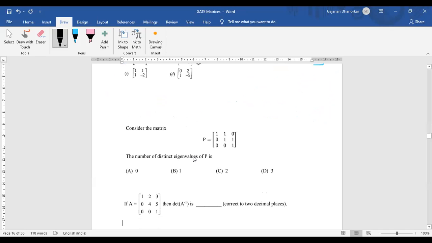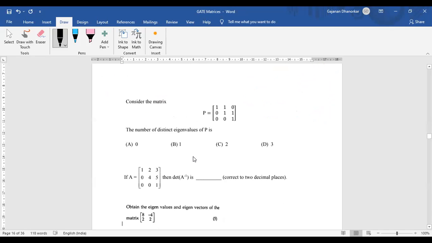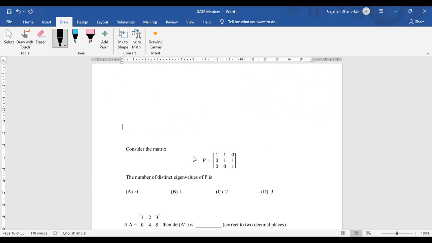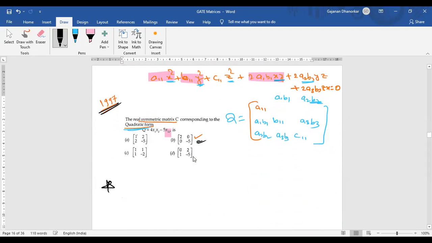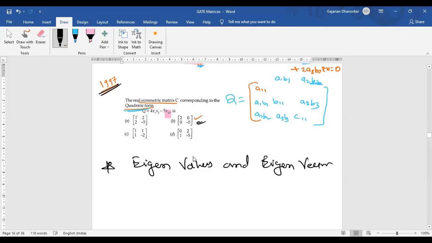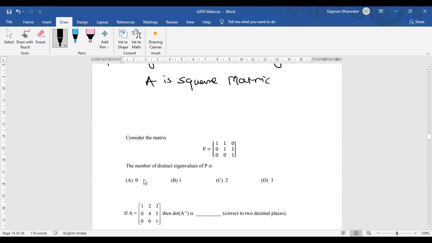Now tell me here how. ठीक है. I will go for eigenvalues and eigenvectors. Main part. I have a square matrix A of order n.